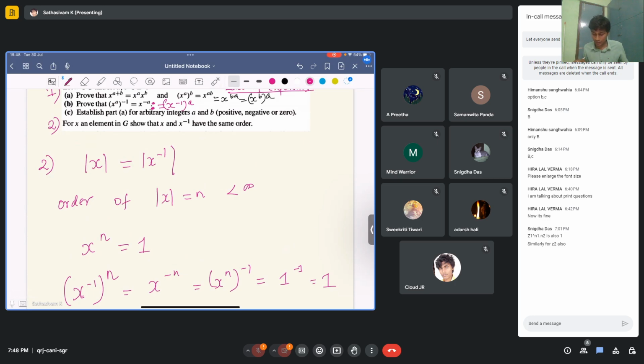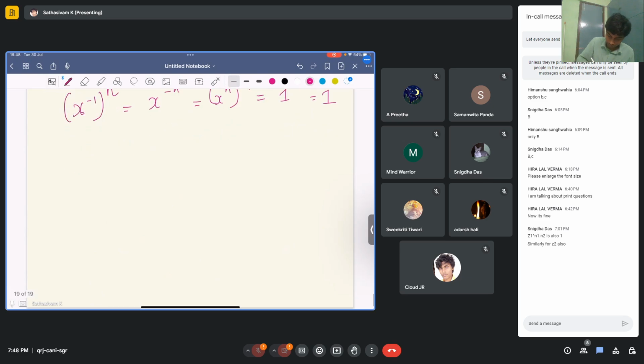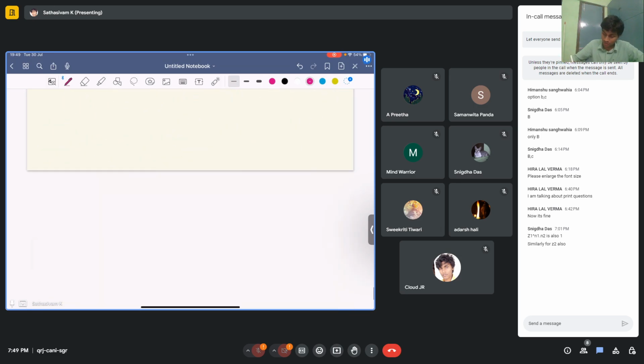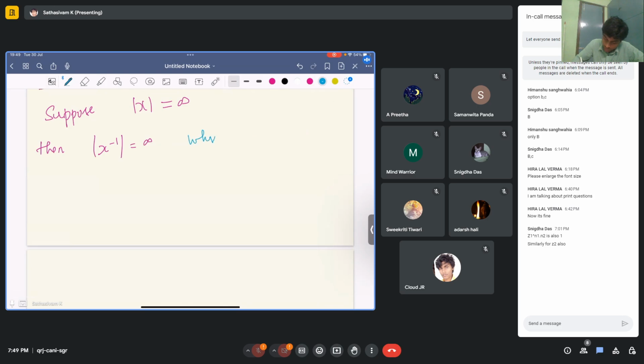Suppose the order does not exist, suppose the order of x is infinity. Then the order of x inverse also has to be infinity. Why? Suppose the order of x inverse is not infinity, say the order of x inverse is some n.